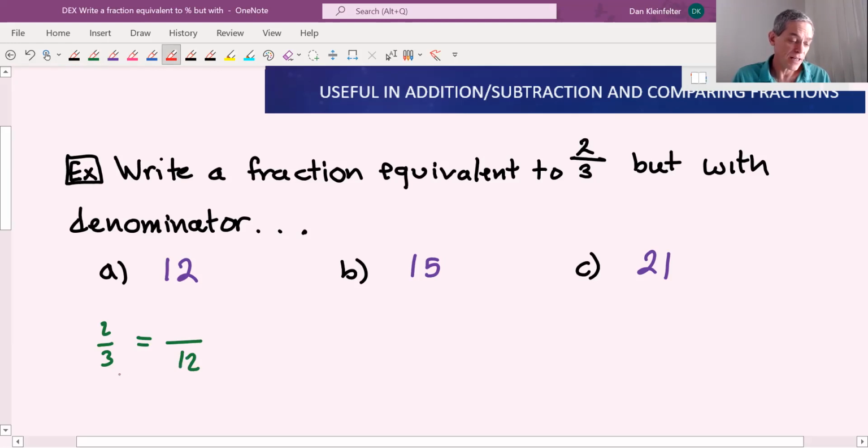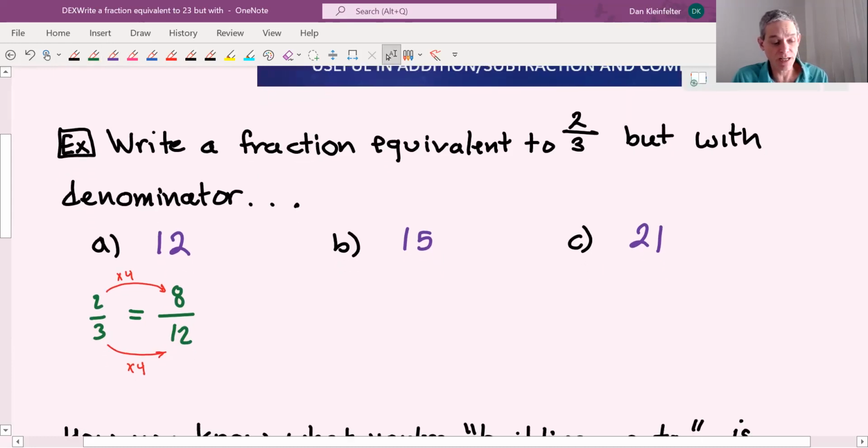So as we've seen, according to the fundamental property of fractions, if we're going to multiply the denominator of the fraction by a number like 4, which is what we need in this case, we had better multiply the numerator by the same value. So 2 times 4 will be 8. So 8/12 is our fraction equivalent to 2/3, but having a different denominator.